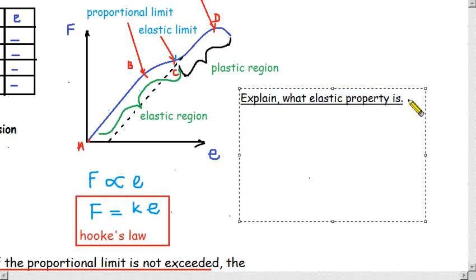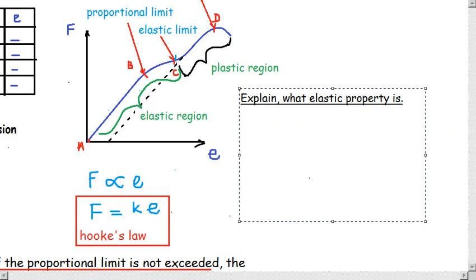So you can say, under an applied external force, if an object changes its shape and returns to its original shape after removing the external force, then it is called the elastic property. You must write that part also.